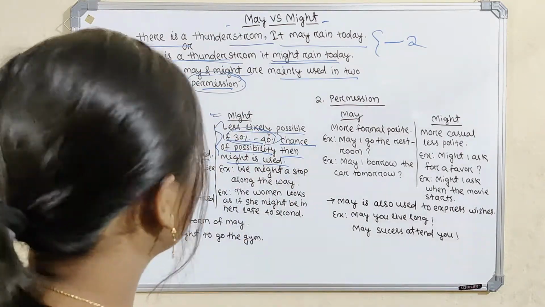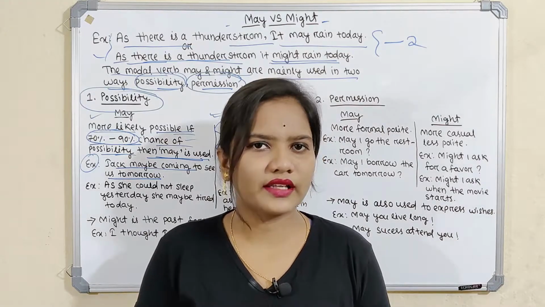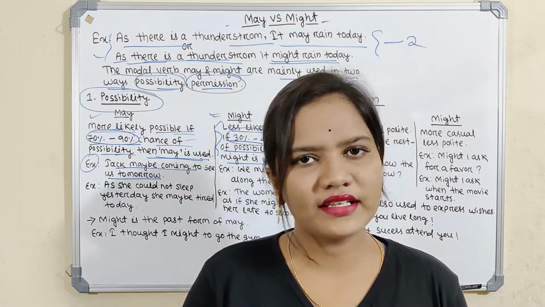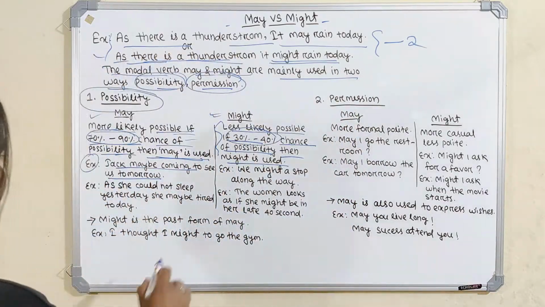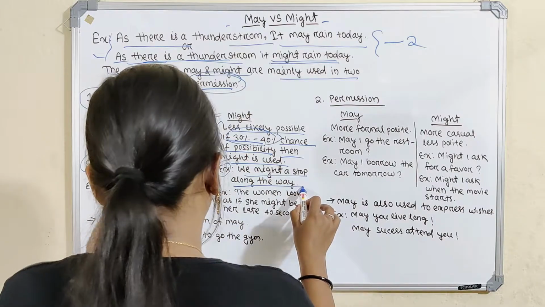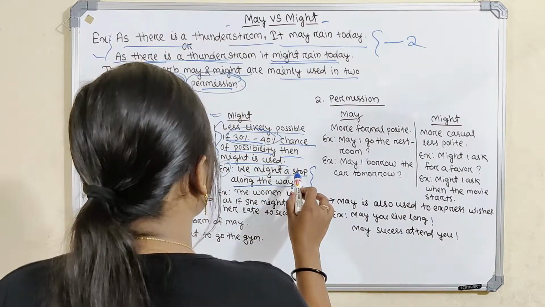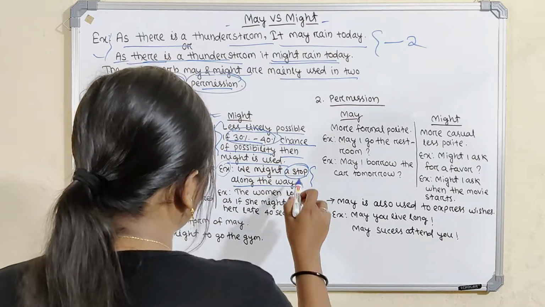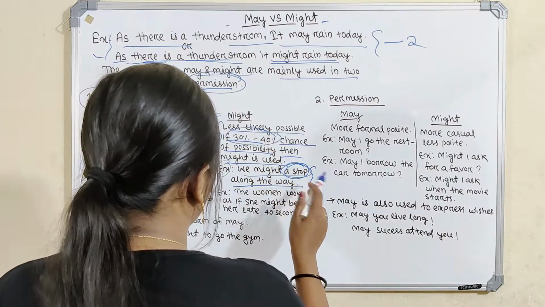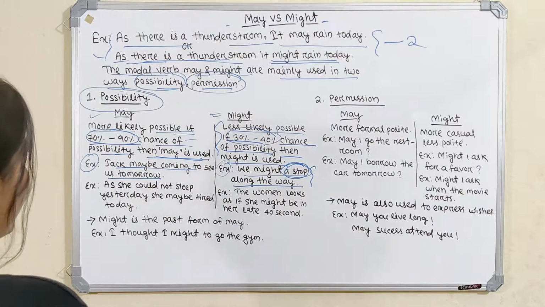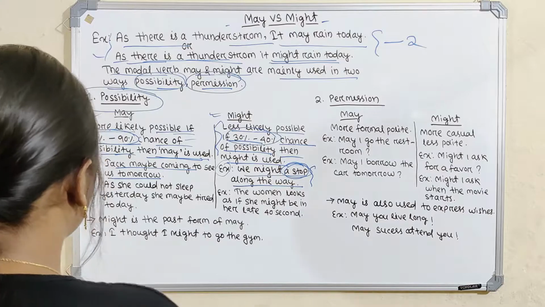For example, we might stop along the way. Here, might stop is not a 100% chance; it is a less chance of possibility. So might is used.